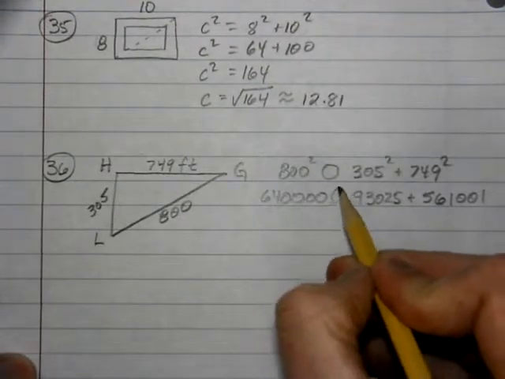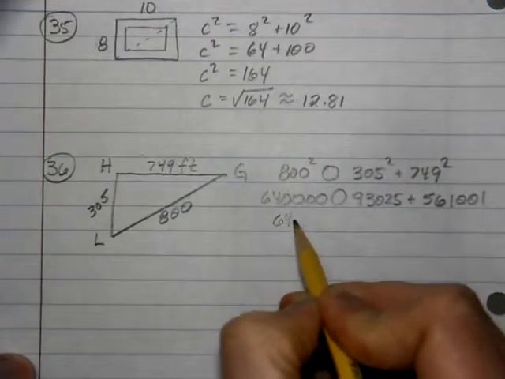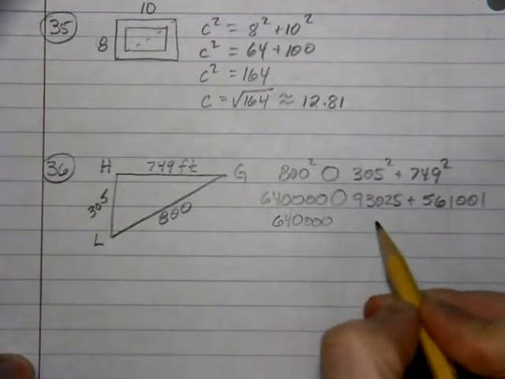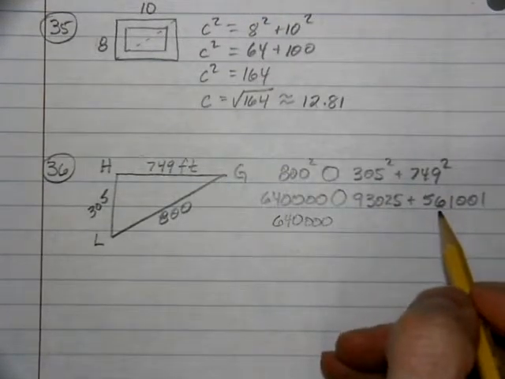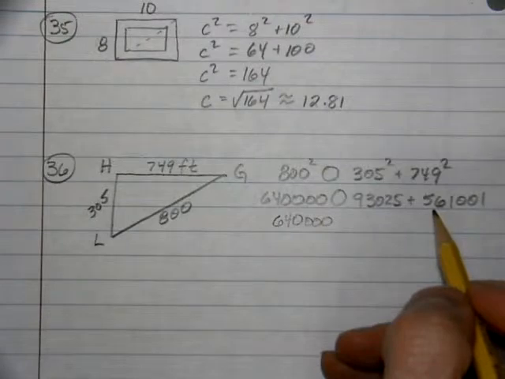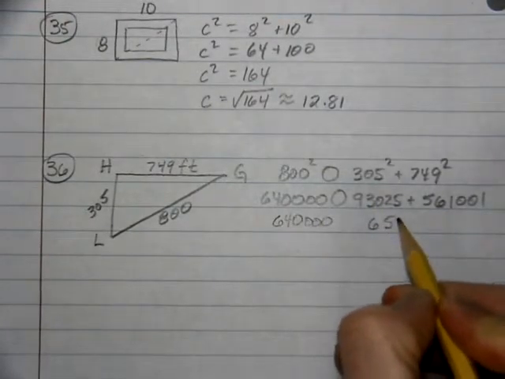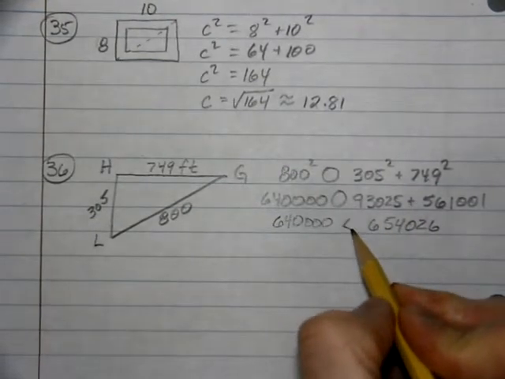So we're trying to test to see what that's going to give us. When we take our number and add 93,025 to it, we get 654,026. So that is larger.